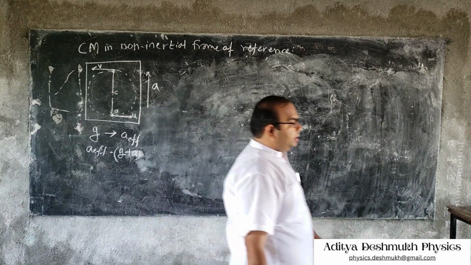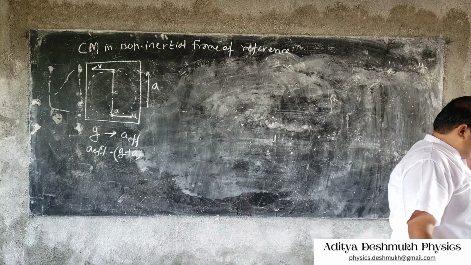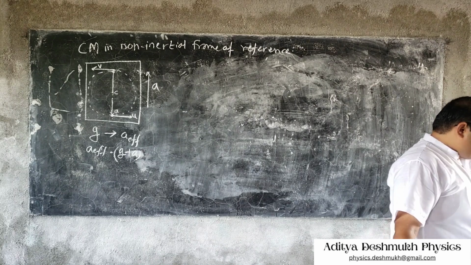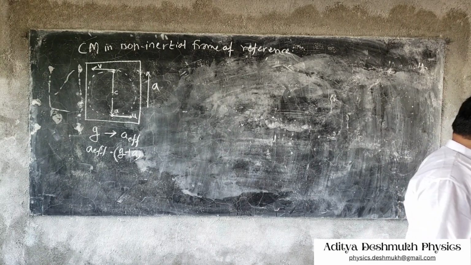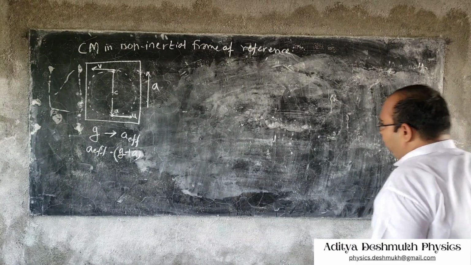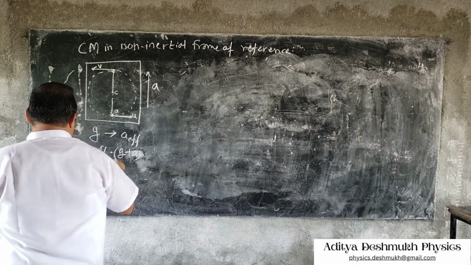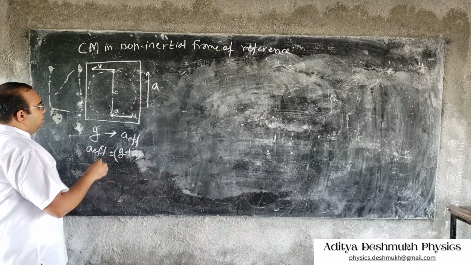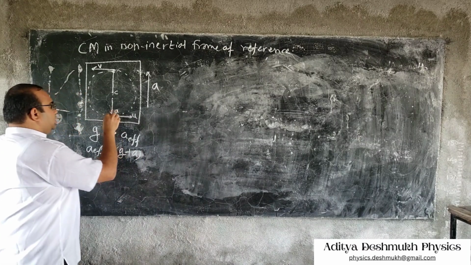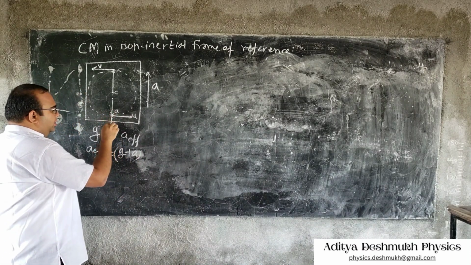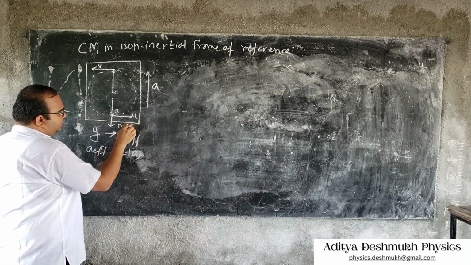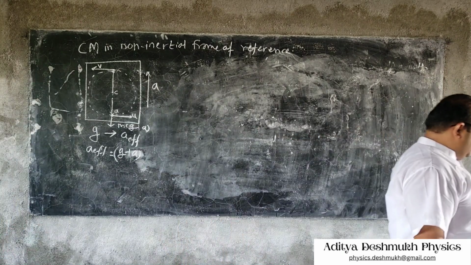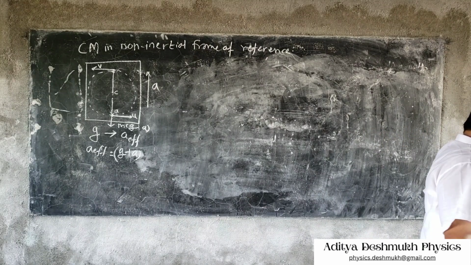Now I can perform my analysis using this g plus a. That means if I have to draw the free body diagram here, the weight of the particle will be m into g plus a.